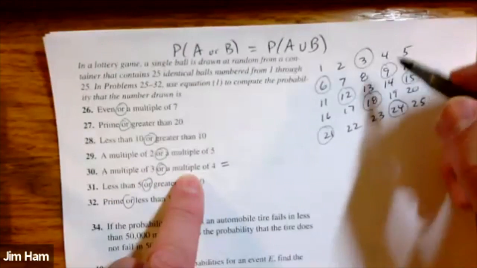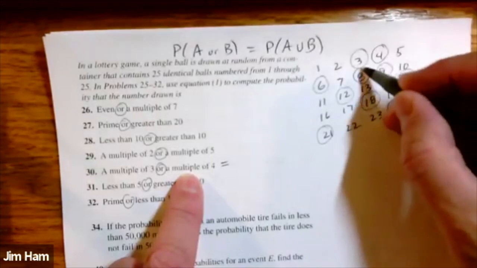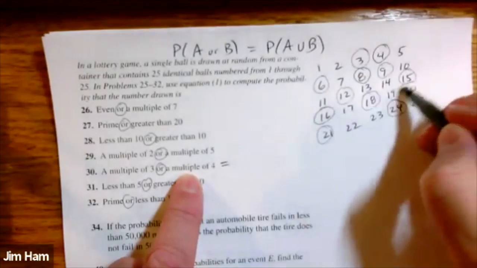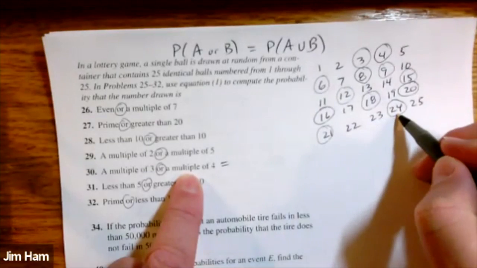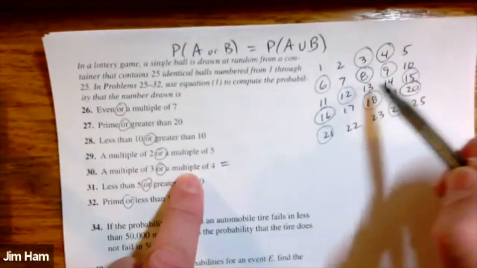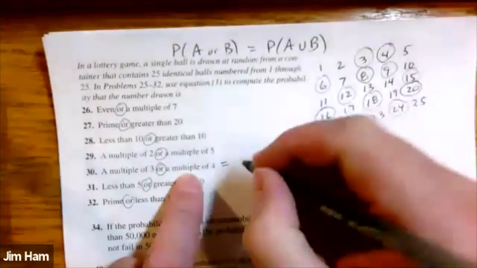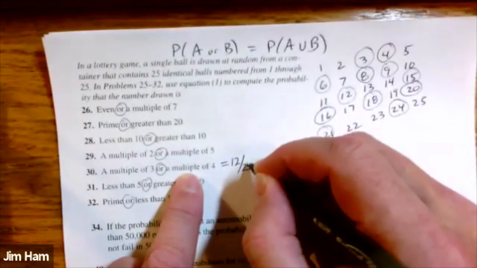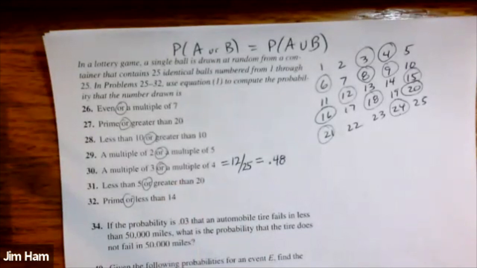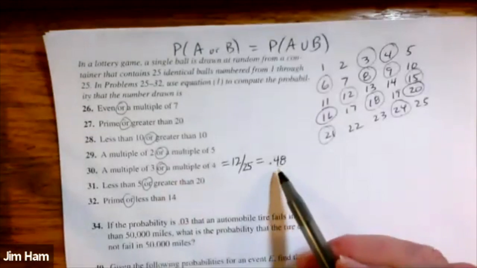So I'm going to select the multiples of 4. 4, 8, 12 has already been selected. 16, 20, 24 has already been selected. So when I add up all the numbers I selected, 1, 2, 3, 4, 5, 6, 7, 8, 9, 10, 11, 12, 12 out of the 25 balls. So you can write the simplified fraction version, or you can write the decimal version.